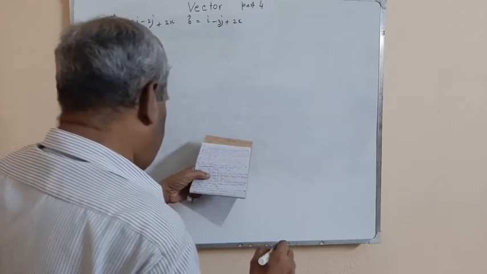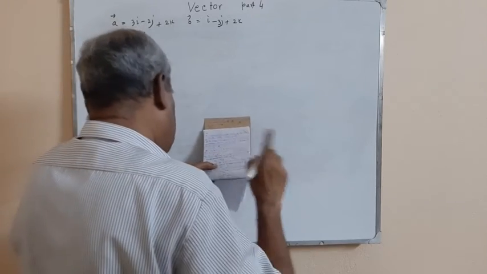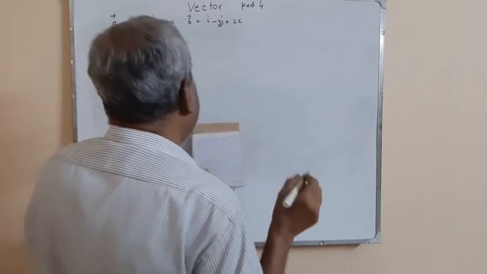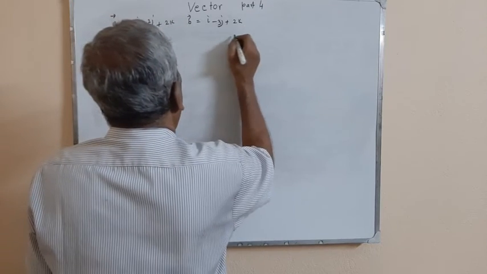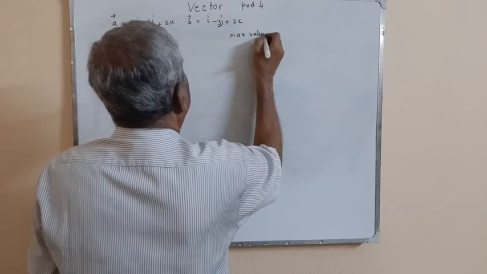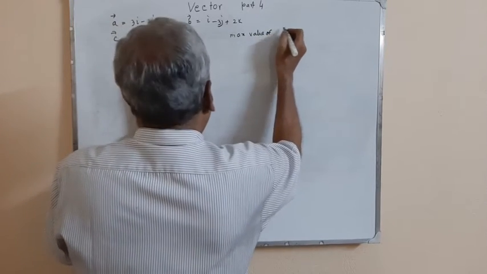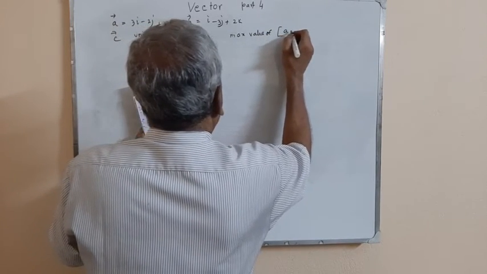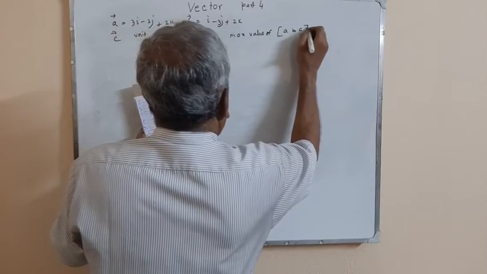Then find the maximum value of the box product A, B, C.